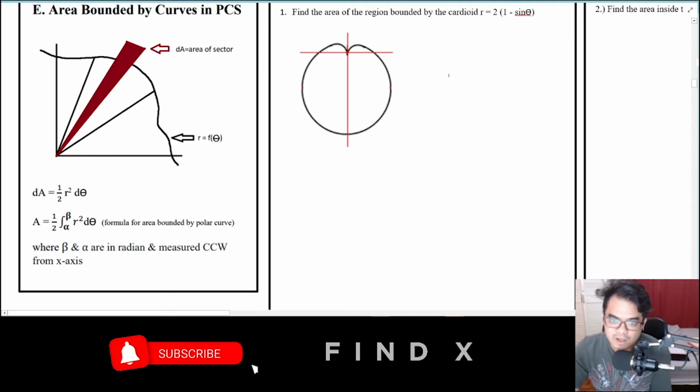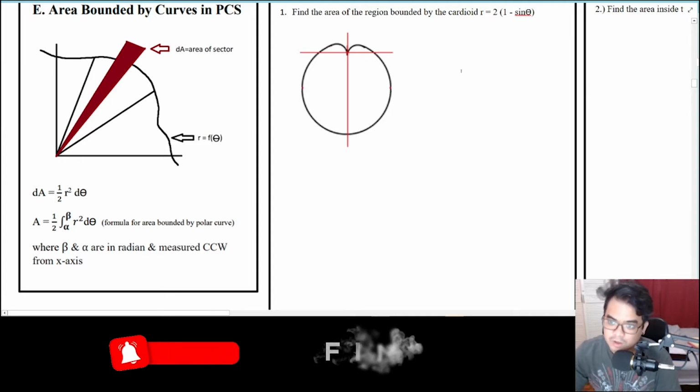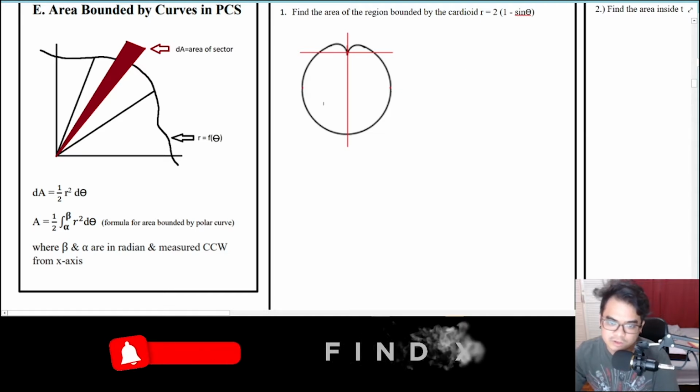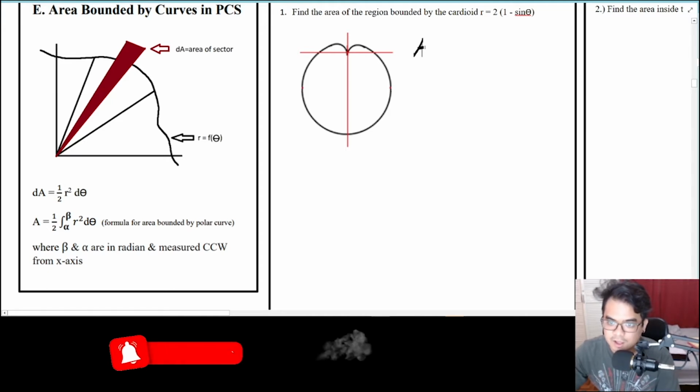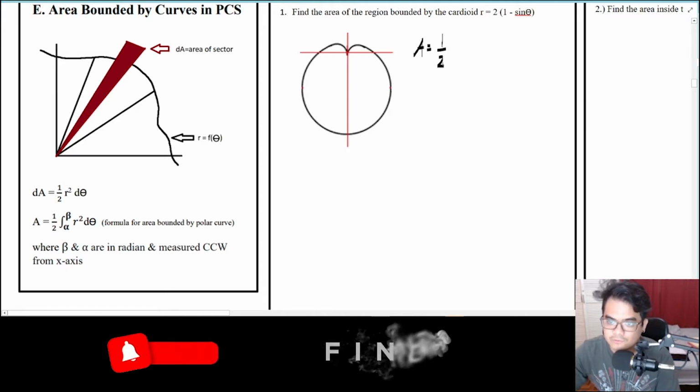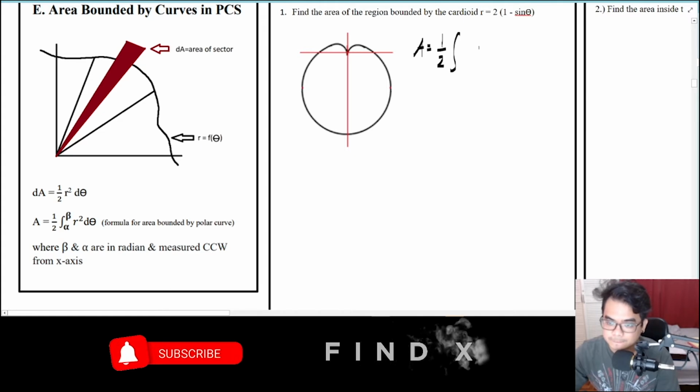Find the area of the region bounded by the cardioid r equals 2 times 1 minus sine theta. I already drew the graph of a cardioid. All we need to do is use the formula A equals 1/2 integral of r squared d theta.